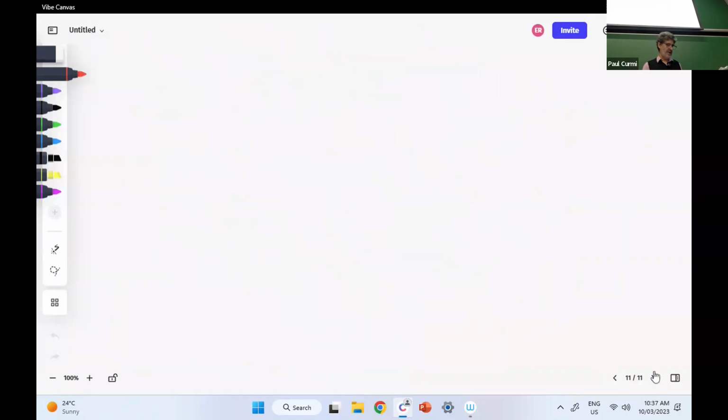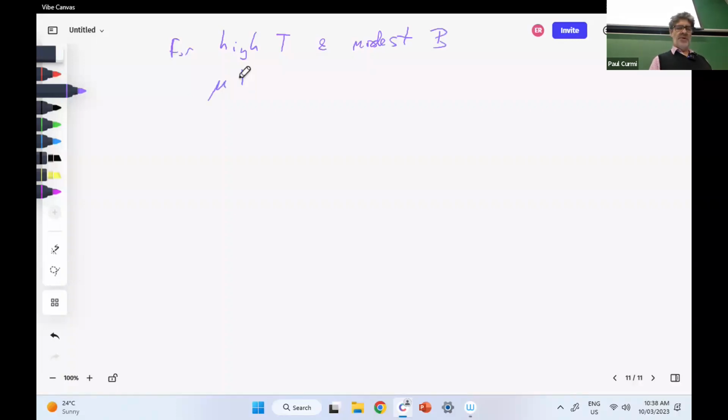Okay, so I've got this equation. Now I can add some simplifications for high T and modest B, i.e. mu B is very much less than kT.